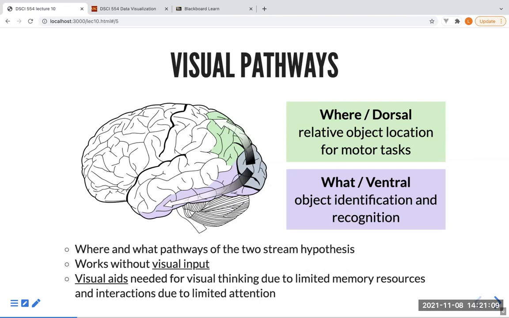Now, this pathway, you can trigger it even without visual input. That seems a little bit strange, but you can close your eyes and you can materialize some scene in front of your eyes and just think based on that, right? And you do it all the time.